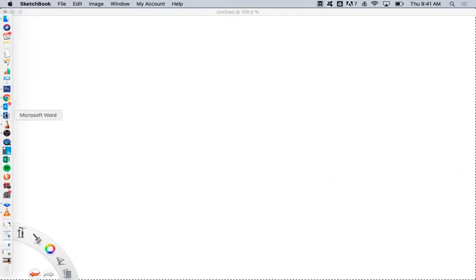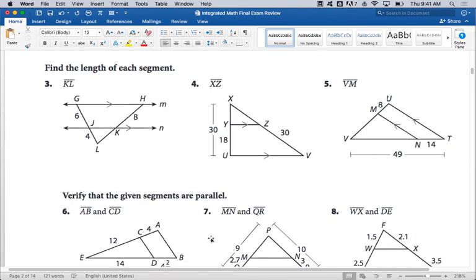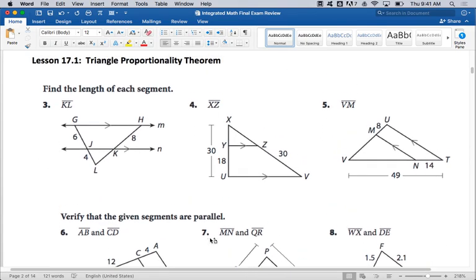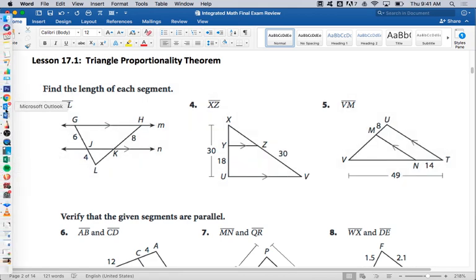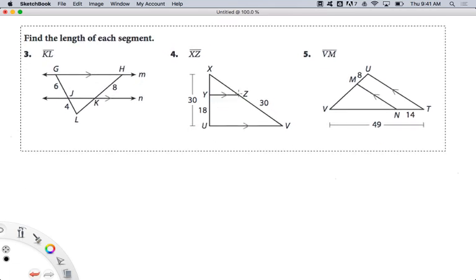Now, we return to the page that I skipped, 17.1 Triangle Proportionality Theorem. What does Triangle Proportionality Theorem tell us?